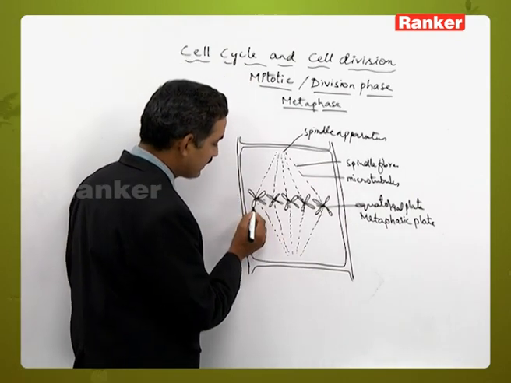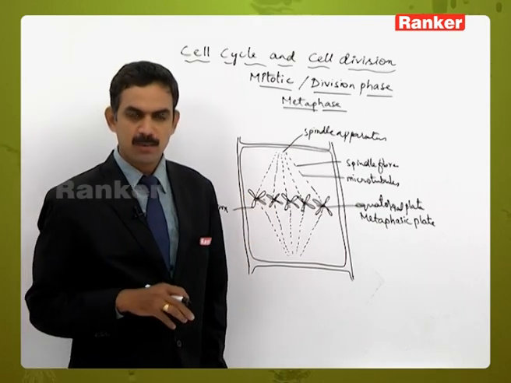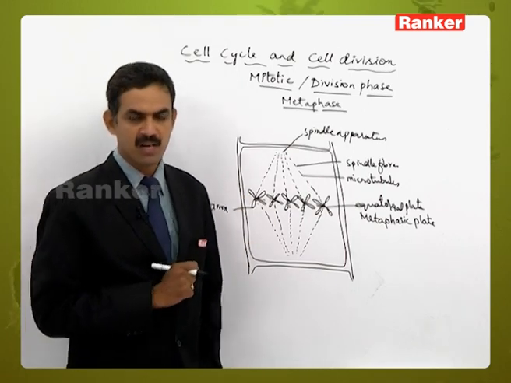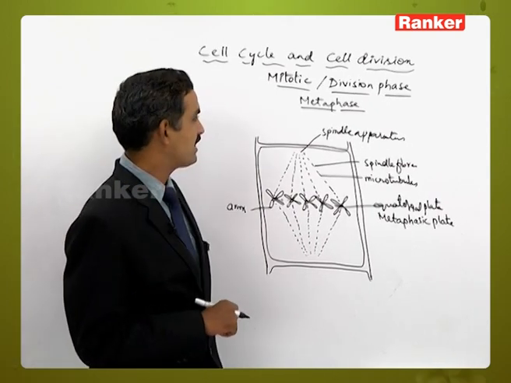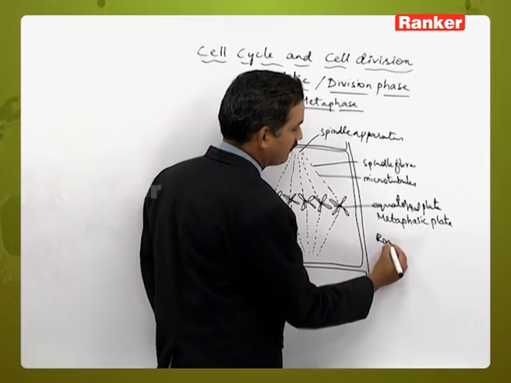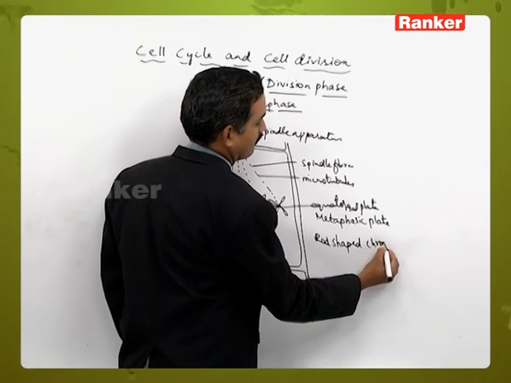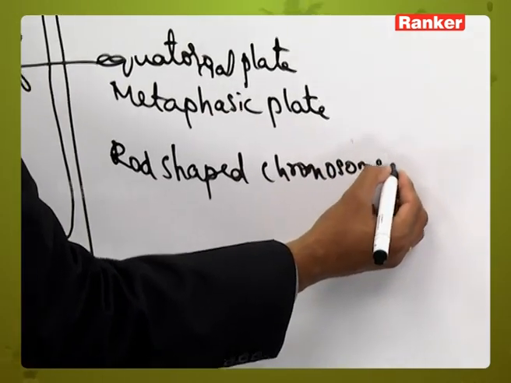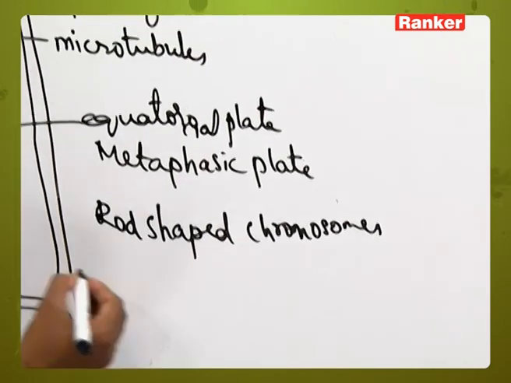In this, the arms are freely present in the cytoplasm. They are not bound to the spindle fibers; only the centromere gets bound to the spindle fibers. During the metaphase, we can see the perfect rod-shaped chromosomes, and because of this attachment, this is the best stage to study the morphology.